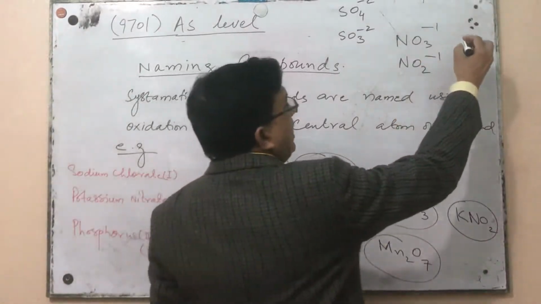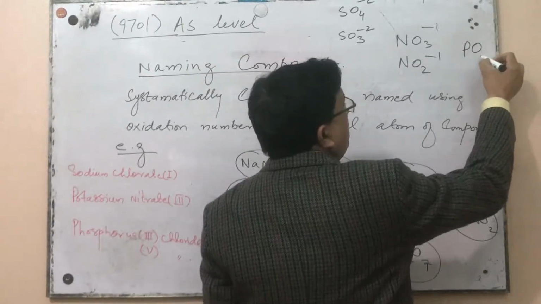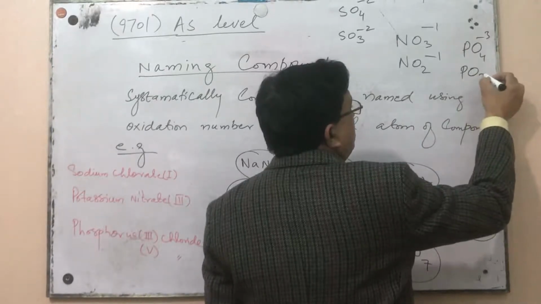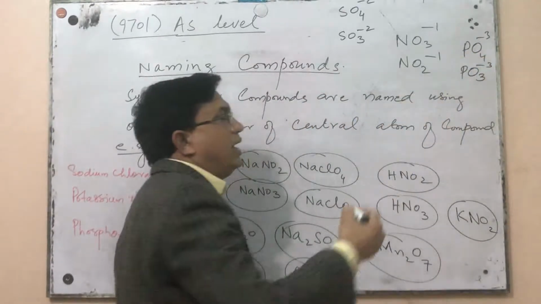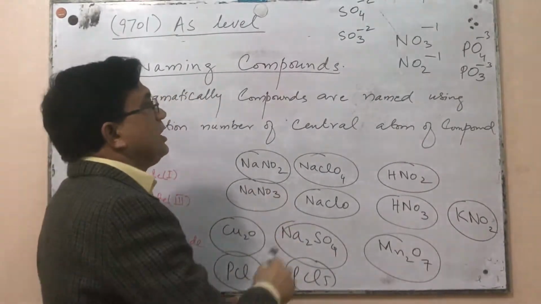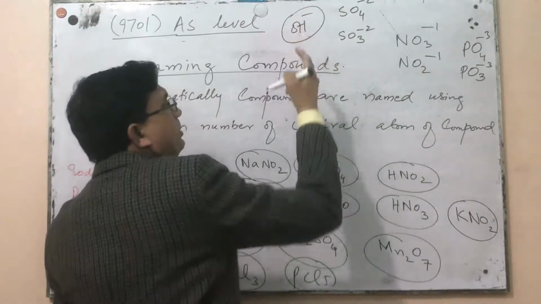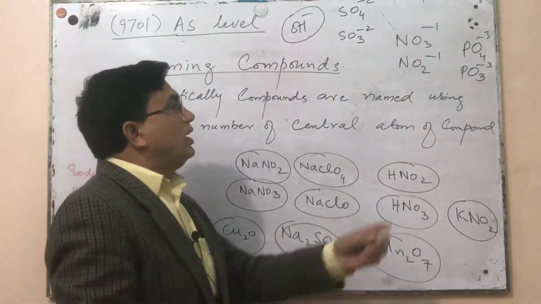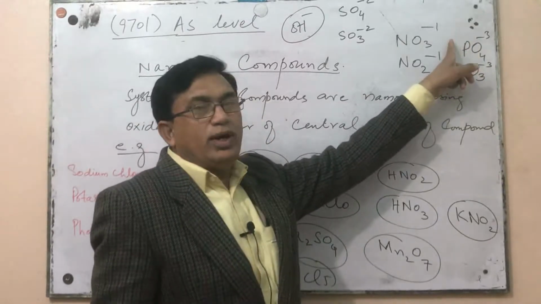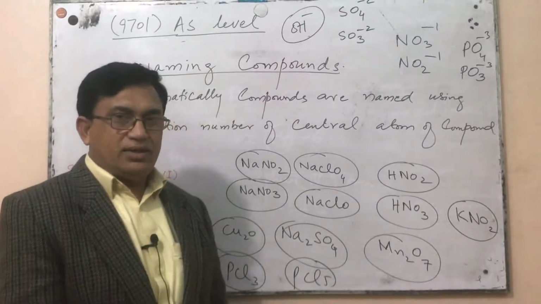Similarly, phosphate, if the bonding between oxygen and phosphorus is there, either it is PO4 or PO3 minus 3, that depends. We will use the oxidation state, but one exception is there for hydroxide from this rule. This rule is not applicable for the hydroxide, while all other substances, whenever the oxygen is forming a bond with another non-metal atom, its name will end in ATE.